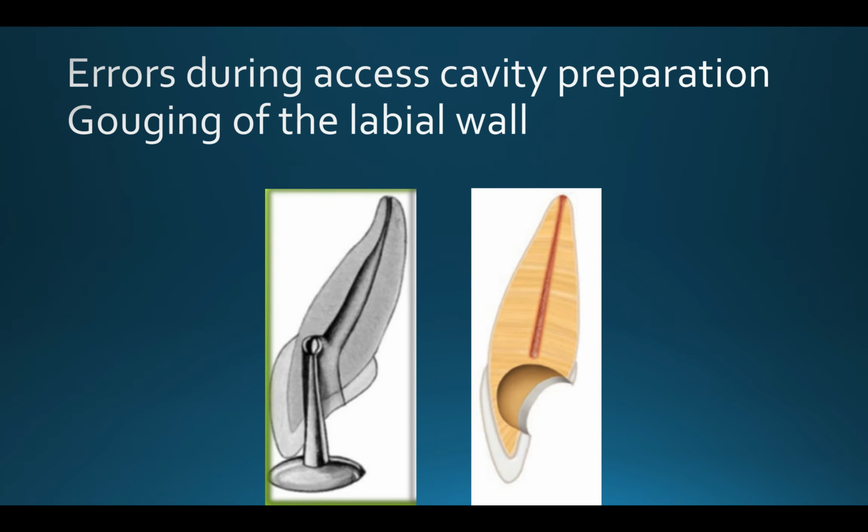And in this case, the burr orientation was wrong, leading to gouging of the labial wall of the anterior tooth. So the direction of the burr has been directed more towards the labial side, leading to overcutting on the labial side and gouging. And this will obviously weaken the tooth structure.